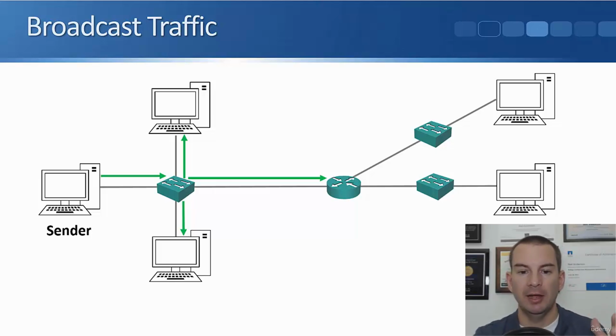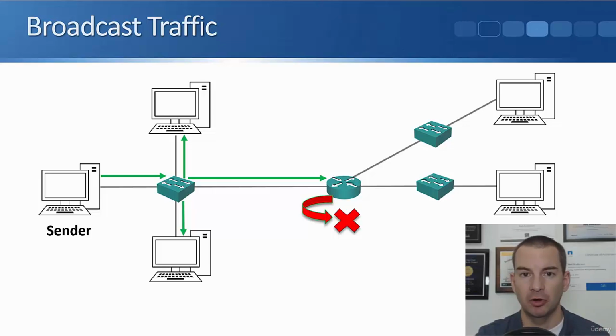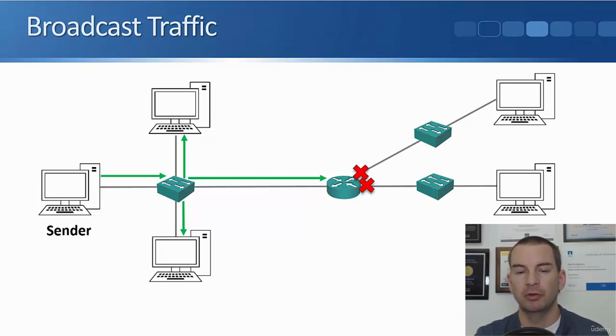You'll see it also hits the router in the middle there, which has got an interface on that network. What happens then is the router will drop the traffic. So routers do not forward broadcast traffic on. You see the other two interfaces on the router, we don't forward the broadcast traffic out the other side of the router.